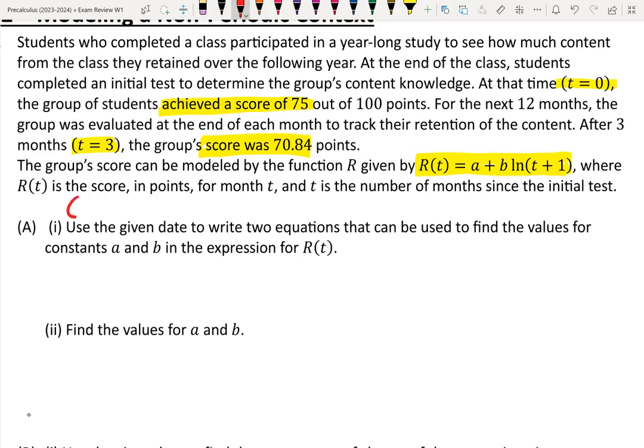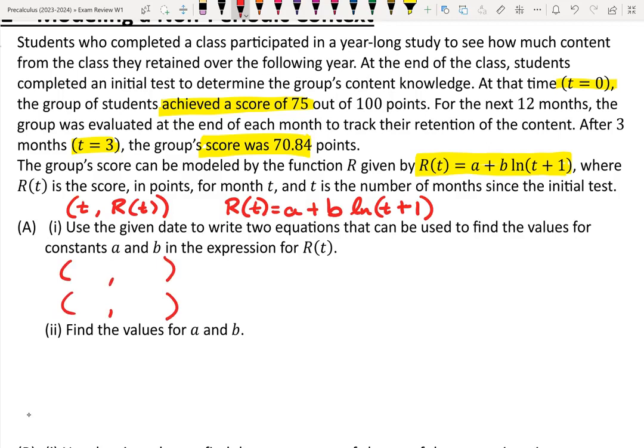So we have some different t, r of t values. And then our model is going to be r of t equals a plus b natural log of t plus 1. So we have 2 points here, 2 values.